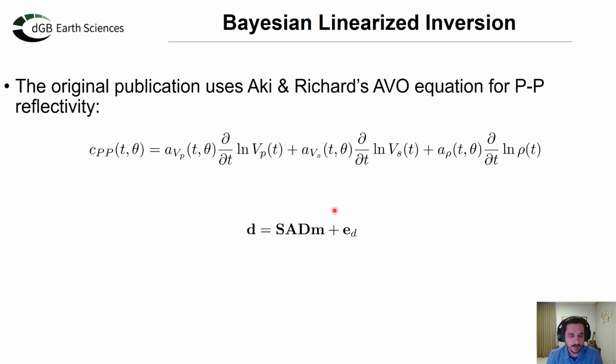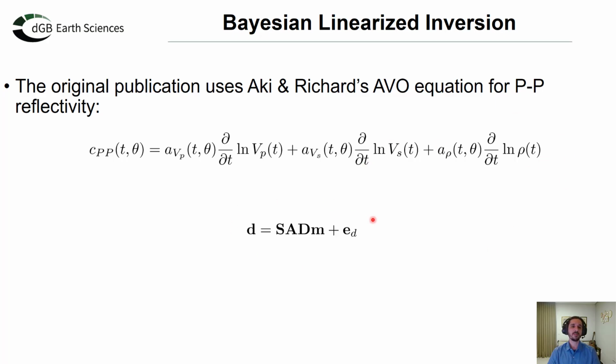I don't want to enter into all the details, but the original publication of the Bayesian Linearized Inversion, BLI, was proposed by Buland and Omre, and it was initially proposed with the Aki-Richards equation. Here, just to show how we can linearize the convolutional model using the reflectivity defined by the Aki-Richards equation, we have the Aki-Richards equation written in terms of the logarithms of the velocities and density.